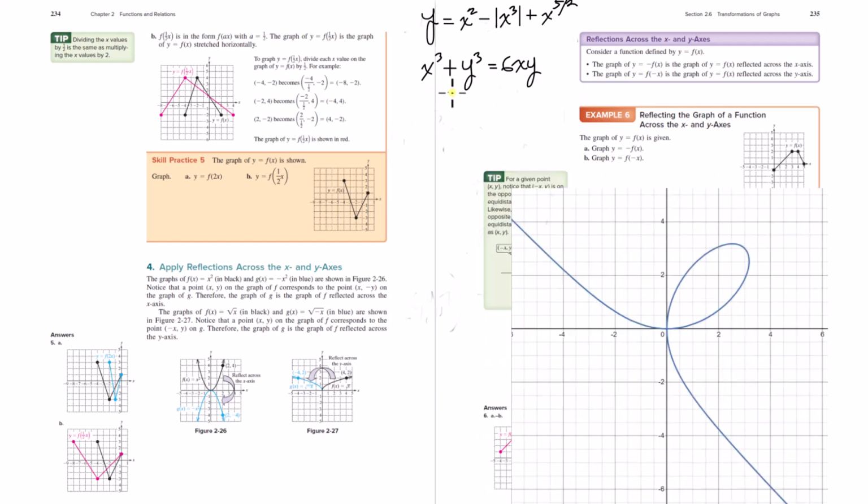Okay, let's reflect this about the x-axis. So you put a minus sign in front of every y value, which is doing the same thing as for a function, but it's simple. You just do that. Then I've reflected it about the x-axis. Okay, let's see what that looks like.